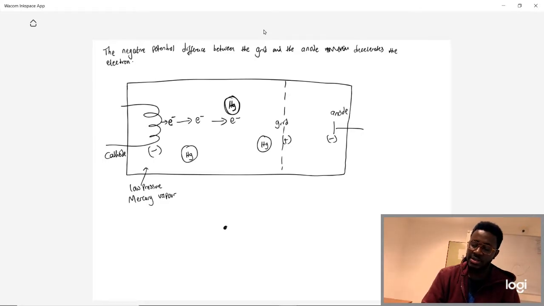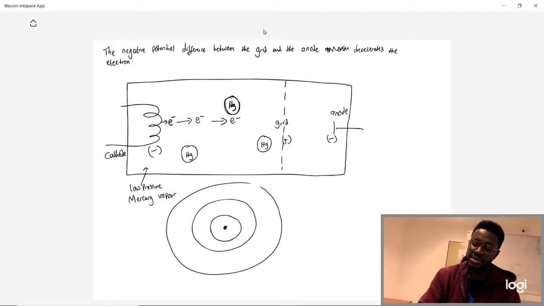You have the nucleus. You know what excitation is, right? Yes. What's excitation? When an electron moves from a lower energy state to a higher energy state. Exactly. Nice.